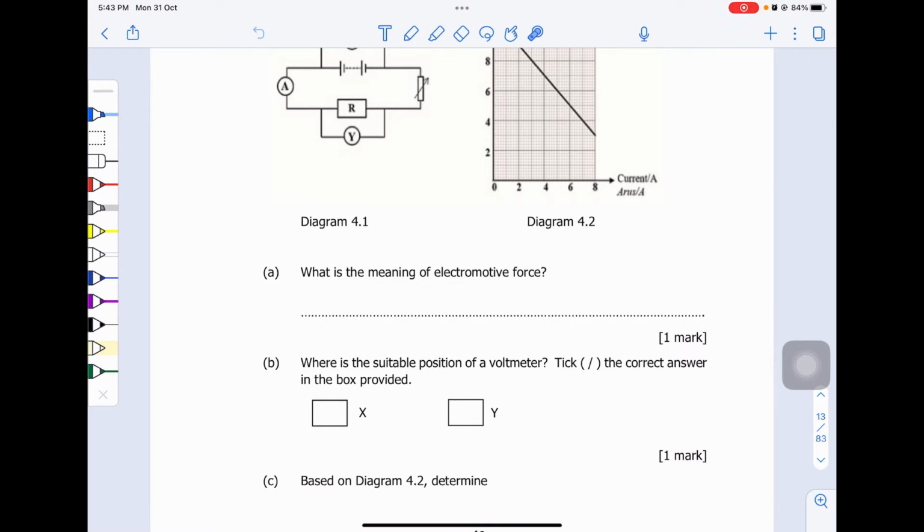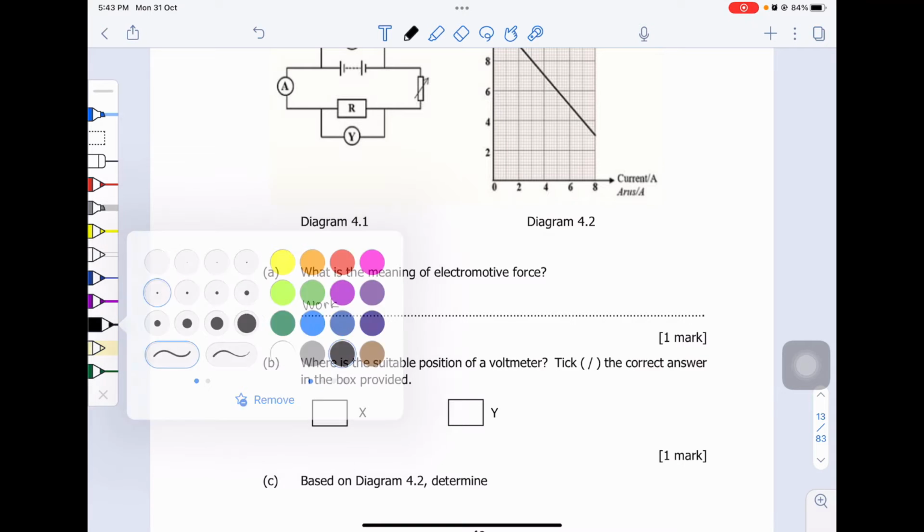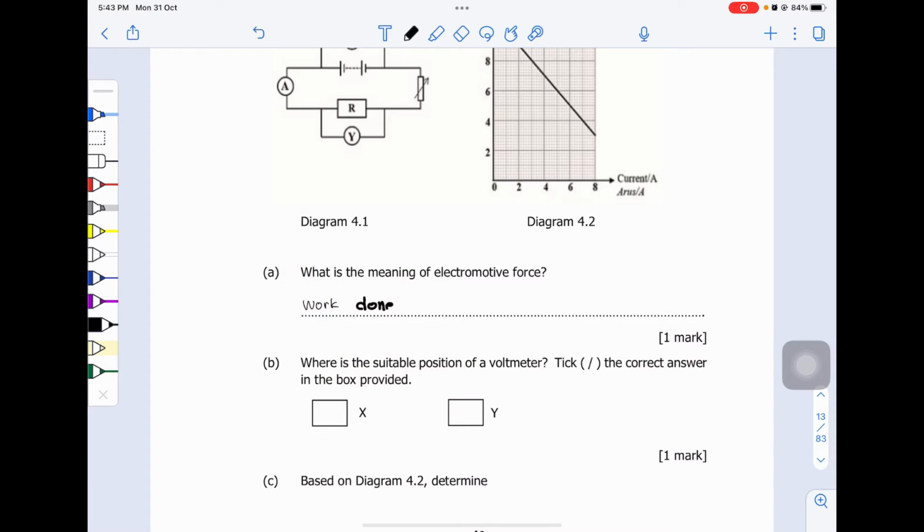It's very easy. EMF is the same as voltage. So we are talking about the work done. Work done to do what? Work done to bring 1 coulomb of charge.